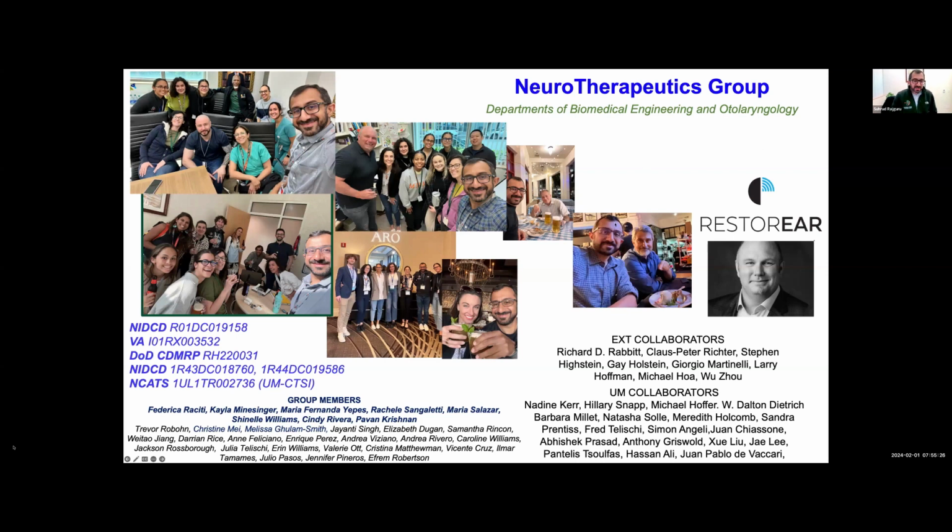Without everybody that you see in these pictures, especially the PhD students and the postdocs and the undergraduate students and the research staff, and all the colleagues at the University of Miami, Dr. Kerr and Snap and Hoffer and Dr. Dietrich and others who make all of this really feasible and also fun to be here.